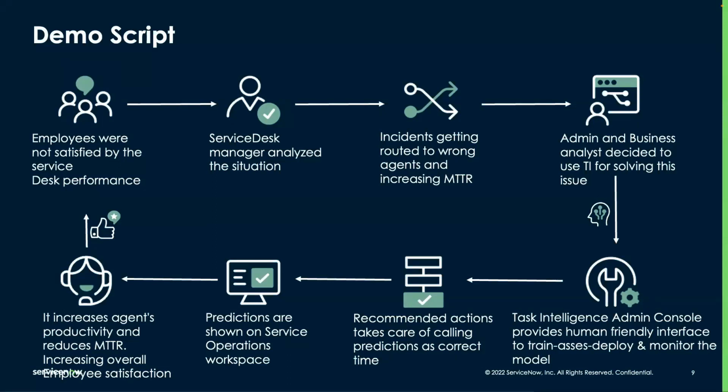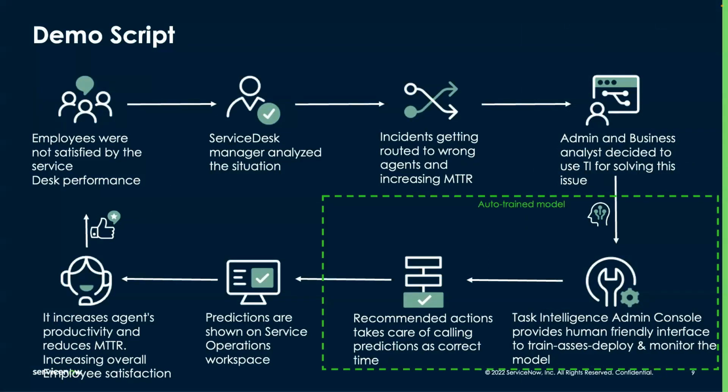The good news is we take care of the task intelligence and recommended actions configuration out of the box by an auto-trained model on your production. What does that mean? The moment you download the task intelligence for ITSM plugin on your production instance, it auto-trains the model for assignment group, configuration item, and services on your data, provided you have enough data in your system.